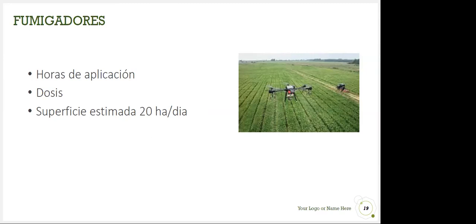For that reason the time of application is very important, the doses too, and the capacity of this kind of technology is only 20 hectares per day, no more. Next.